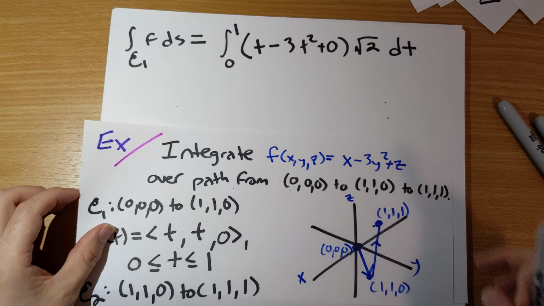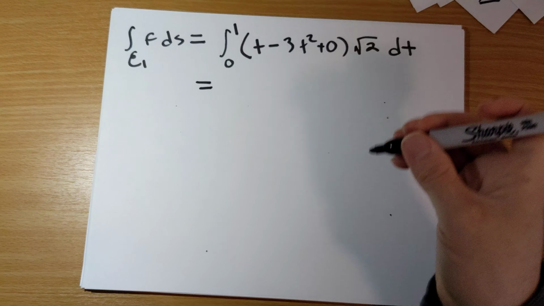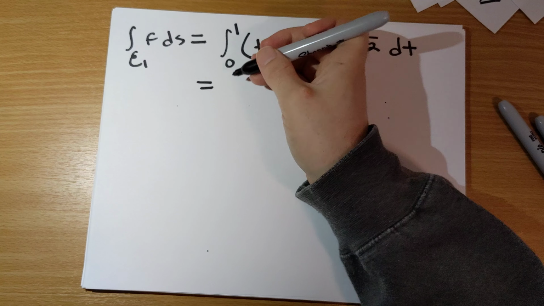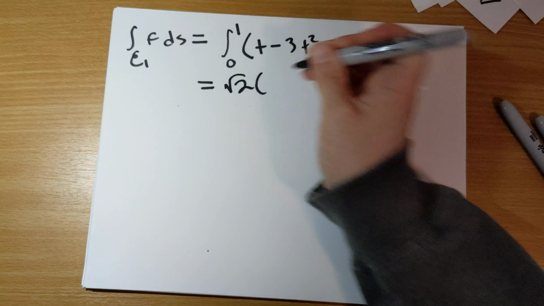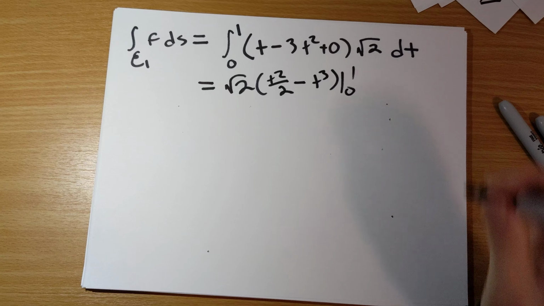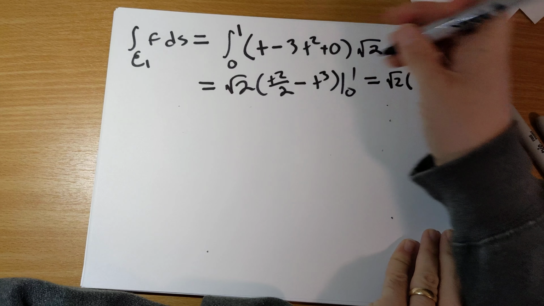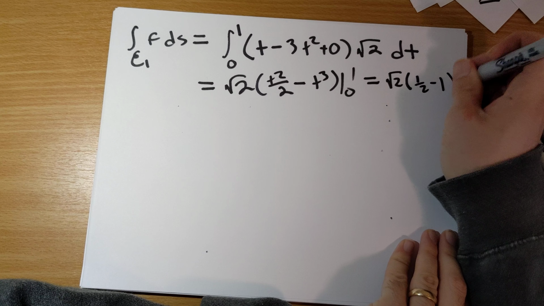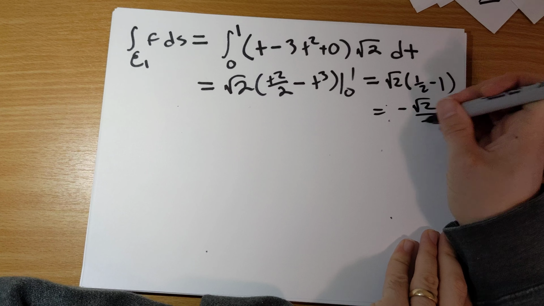So this is our first integral. The antiderivative will be square root 2 times t squared over 2 minus t cubed. Plug in t from 0 to 1. So square root 2 times 1/2 minus 1 is going to be negative root 2 over 2.